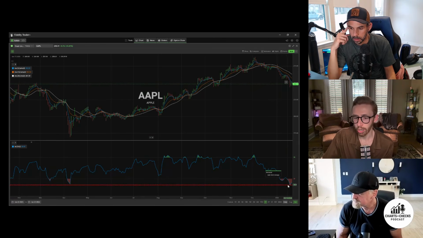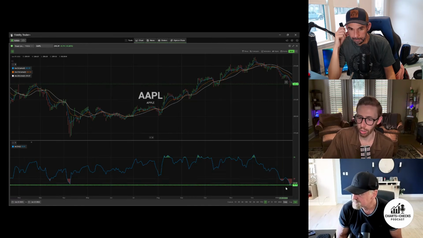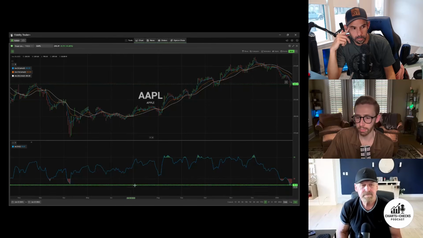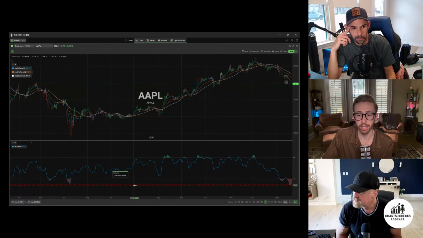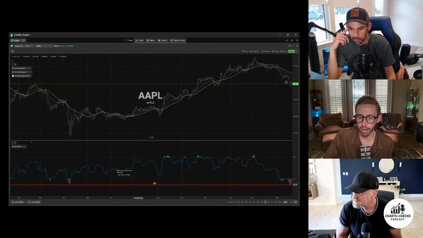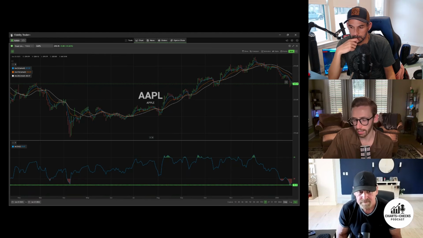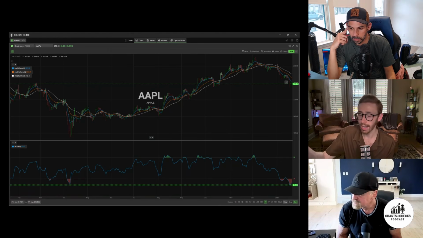In theory, I should have waited for RSI to get to like 31 or 32 because, in theory, this could just keep living in this oversold area. But when a stock that's this blue chip gets this beaten to the ground, I tend to give it the benefit of the doubt. Statistically speaking, Apple hasn't been this beaten down since April.